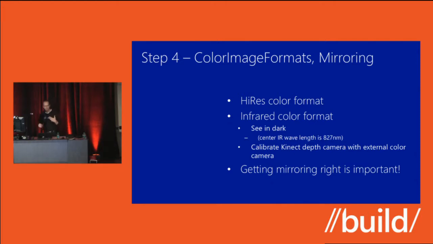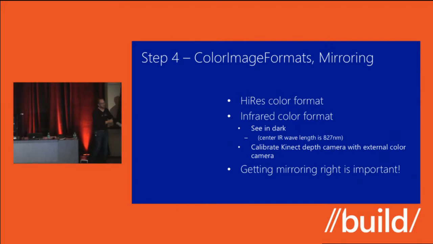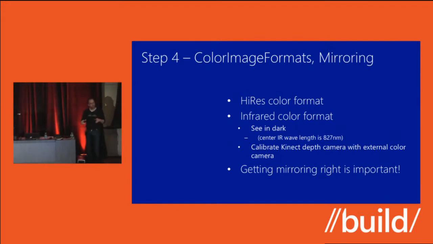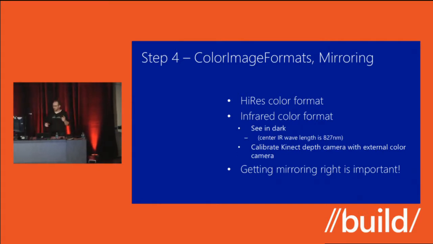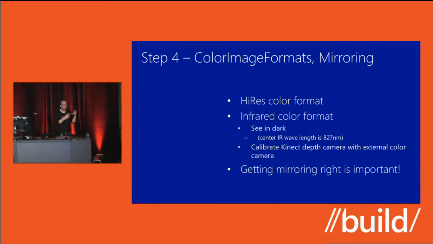So infrared's pretty exciting. Beyond that, we didn't do it just for seeing in the dark, because we could have done that back in 1.0. One of the major reasons we did it is we wanted to enable people to use another device with this camera, with the sensor. We wanted to be able to get a high-res digital SLR camera and to calibrate it with the depth sensor inside of the Kinect.